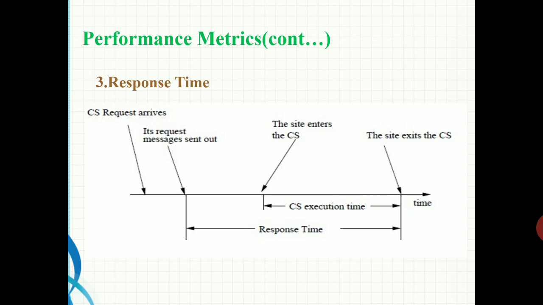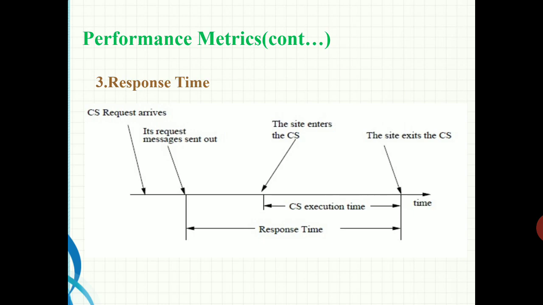Here you can see that critical section requests arrive at a particular time. After some time, the request message is sent out. Then after the message has been sent out, it waits for some time to enter the critical section. Then it gets the critical section, executes it, completes and leaves the critical section.